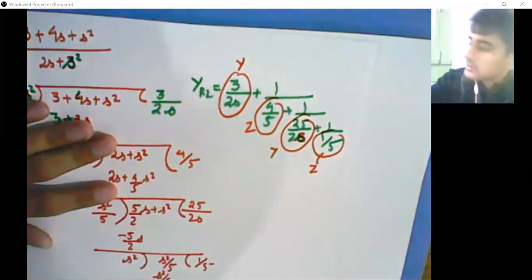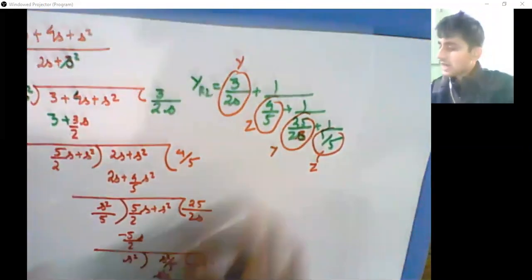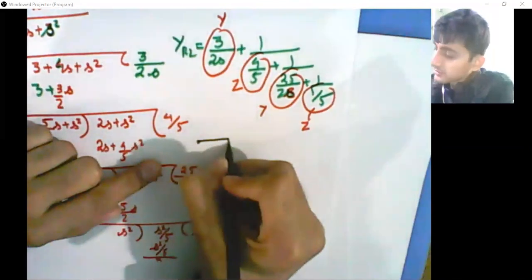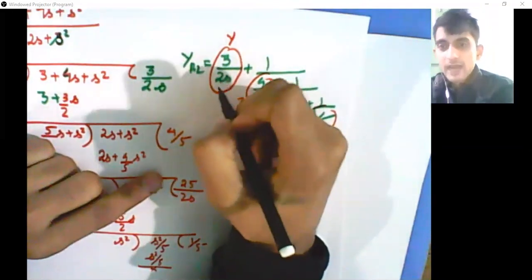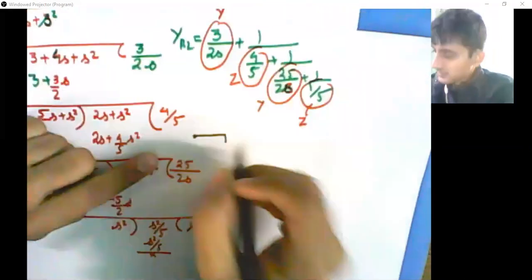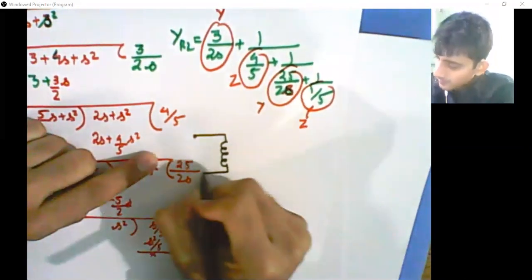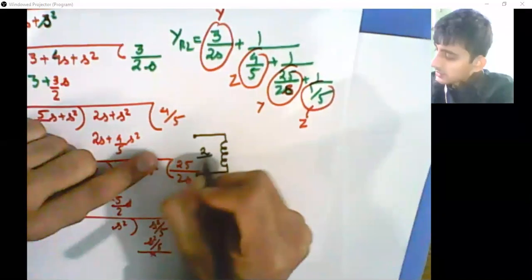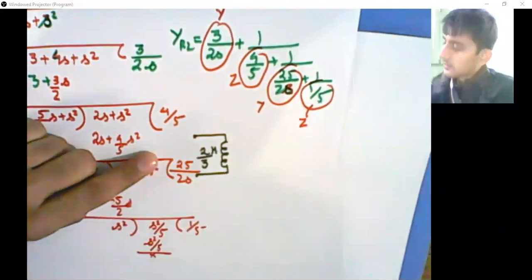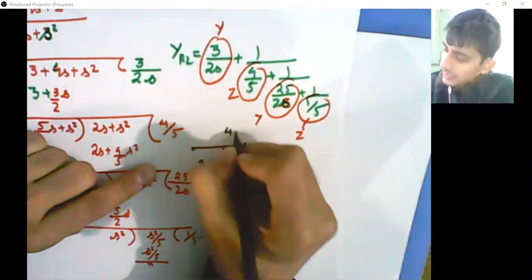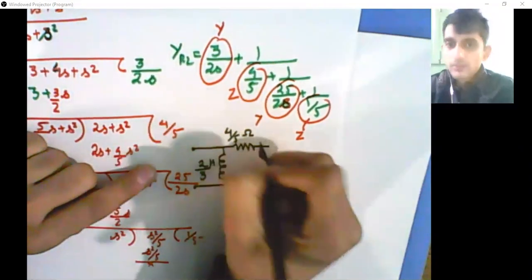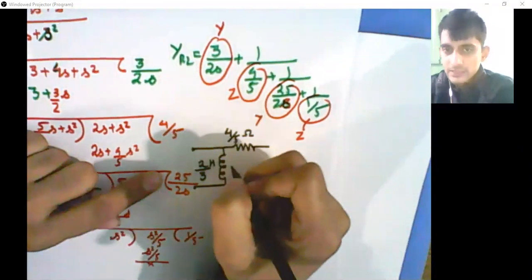Okay. If you realize it, you will start with a parallel connection. Parallel connection, Y has a 1 upon S term. It means I have 2 by 3 Henrys of inductance. Then 4 by 5 ohm of impedance in series.